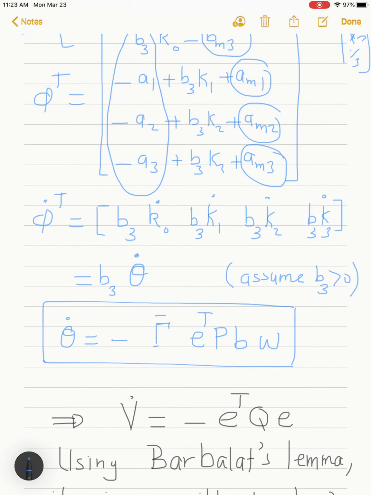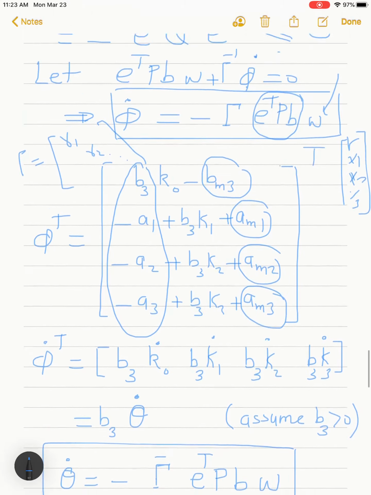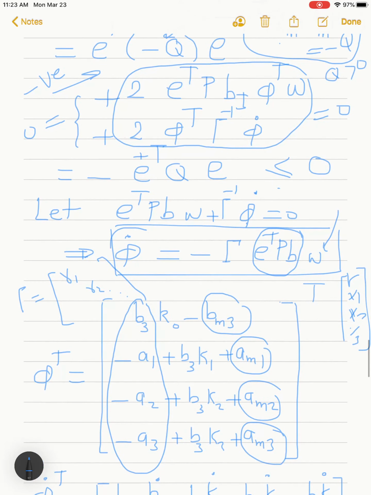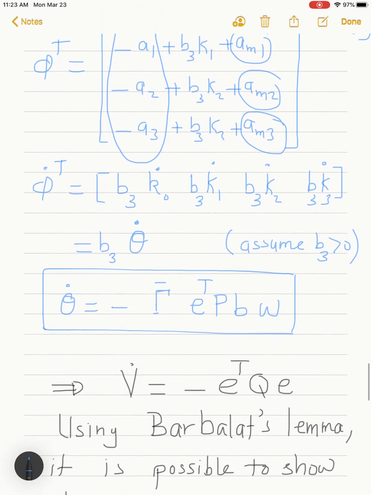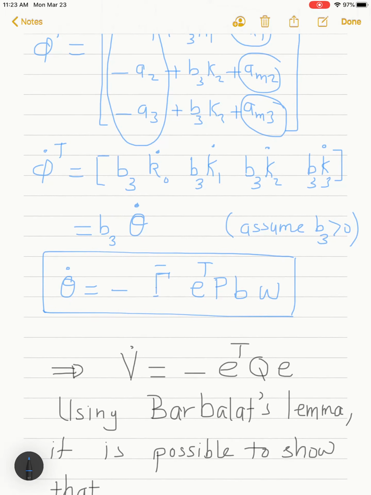And consequently, I can write the adaptation equation with theta dot instead of phi dot on the left hand side of the equation, but then I have to divide gamma by b3, and the division would result in another matrix gamma bar, where the diagonal elements of that matrix will be divided by b3. I don't have to know b3 because this is again the adaptation gain. I just have to know that b3 is positive or negative, whatever the sign. The sign has to be known in order to write the adaptation equations.